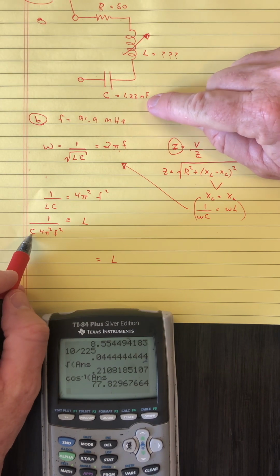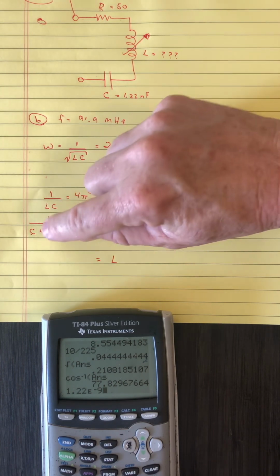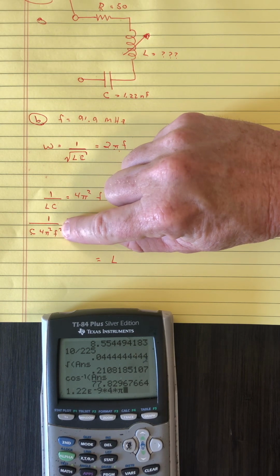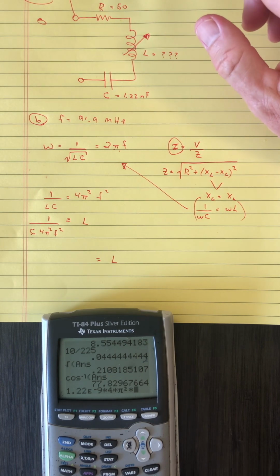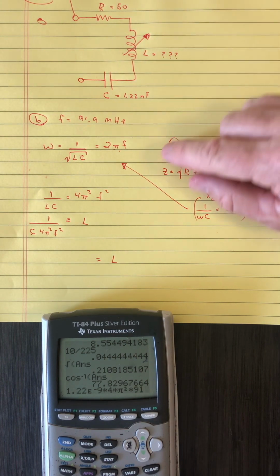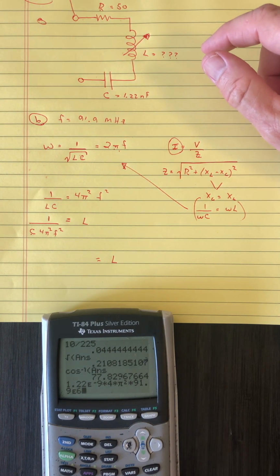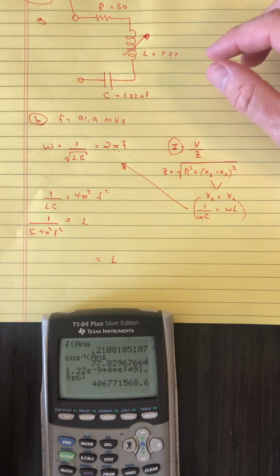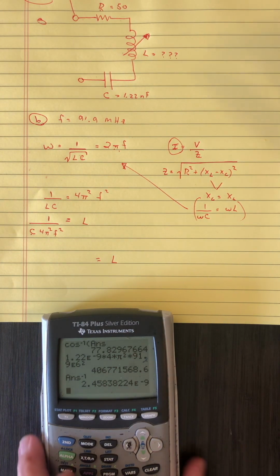It said that the capacitance was 1.22 nano, and then times 4, then times pi squared, and then times a frequency of 91.9 to the 6th, squared. I'll just hit enter right now. And so that would be everything along the denominator there. So let me take the reciprocal of that.